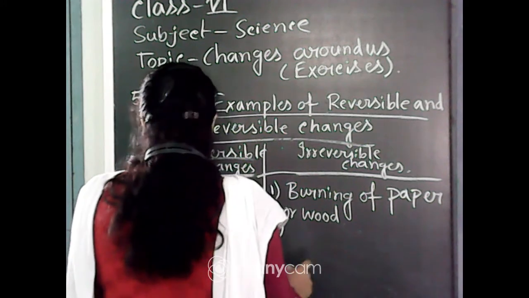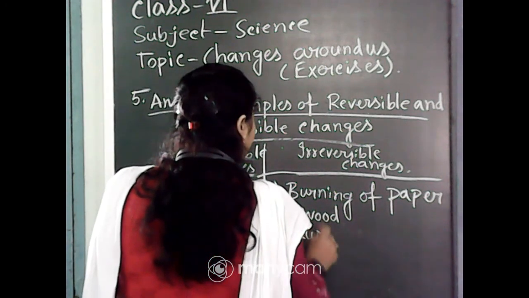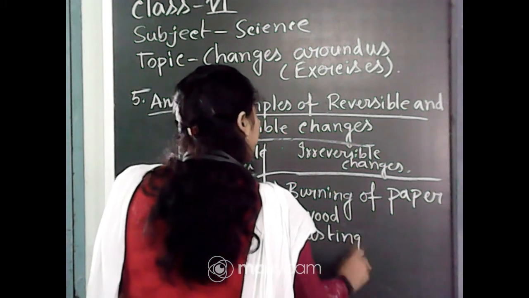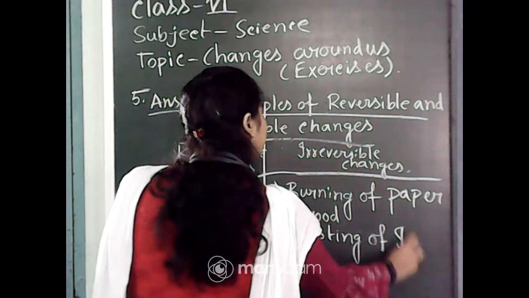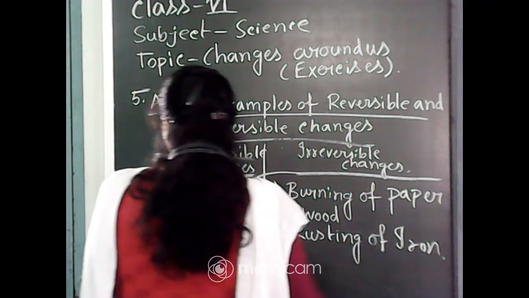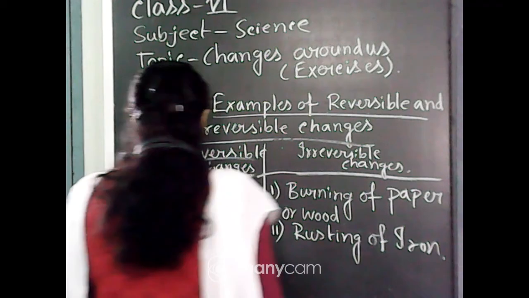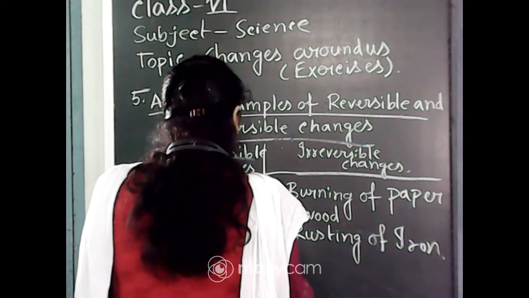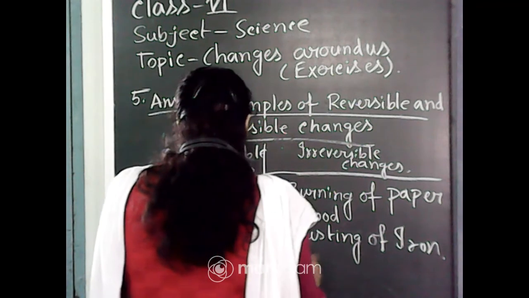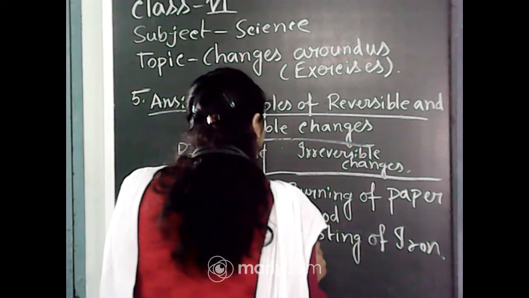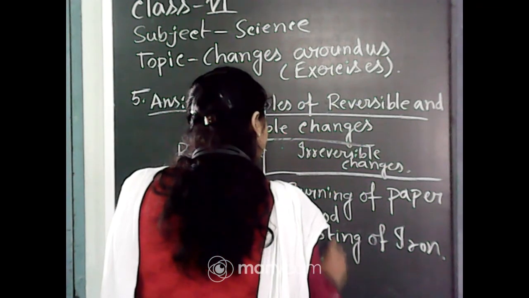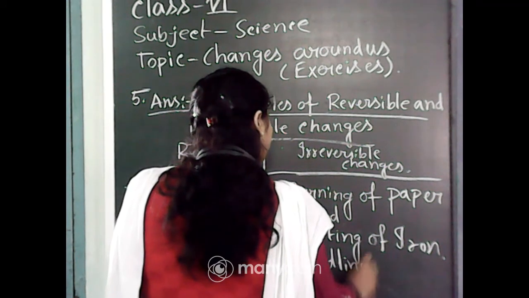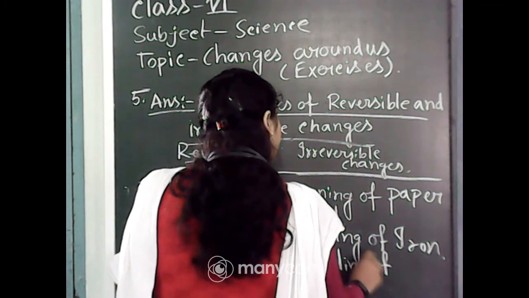Second example, you can write rusting of iron. Okay, rusting of iron. You know, rust cannot be changed into iron again. Next example, you can write making curd from milk, or curdling of milk.